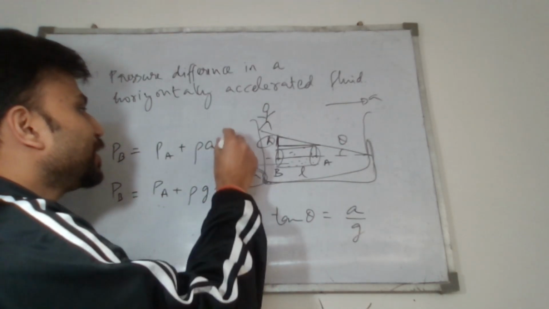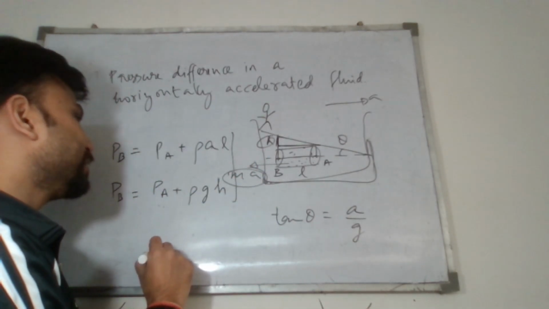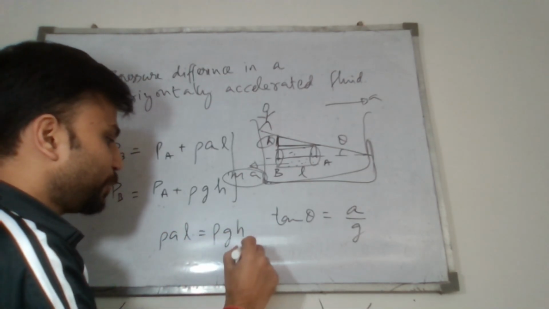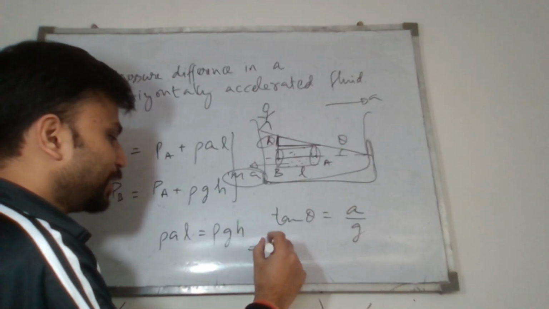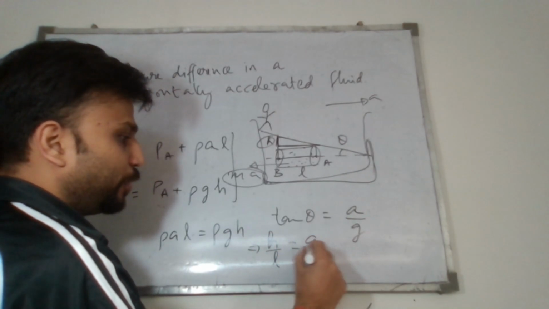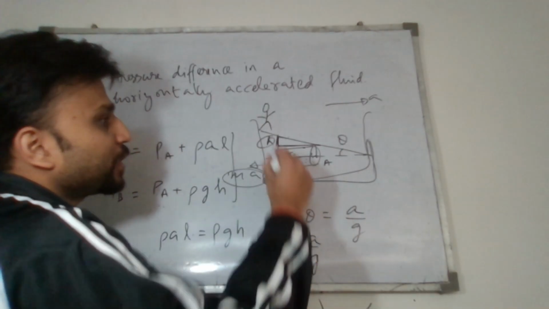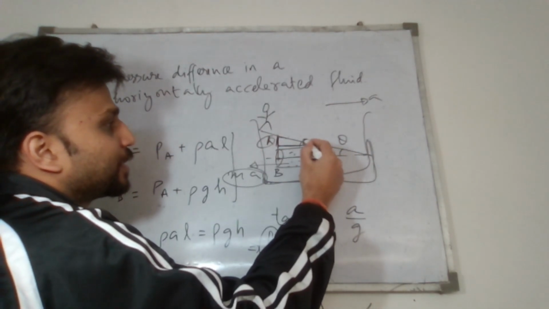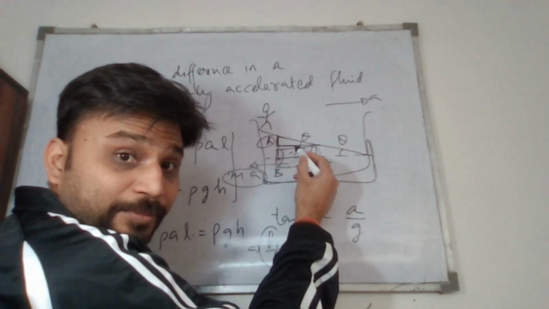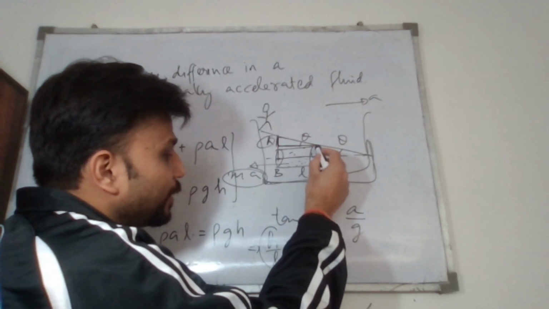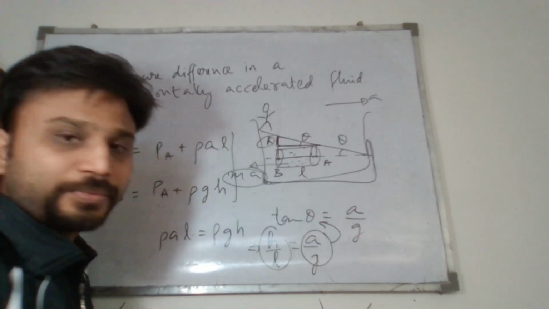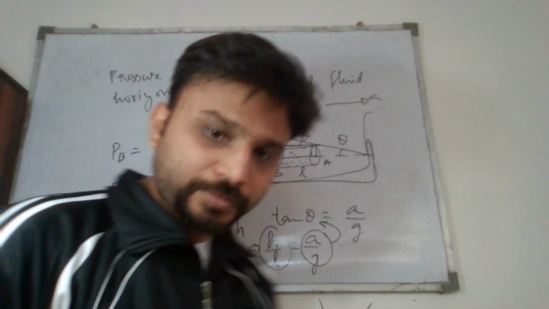If we compare these two equations, we can easily say rho a L is equal to rho g h, and this implies h upon L is equal to a upon g. From this triangle, if this angle is theta, h upon L is tan theta, so a by g is equal to tan theta.